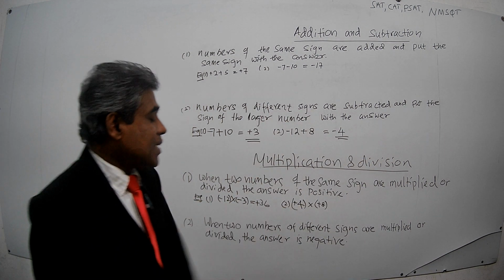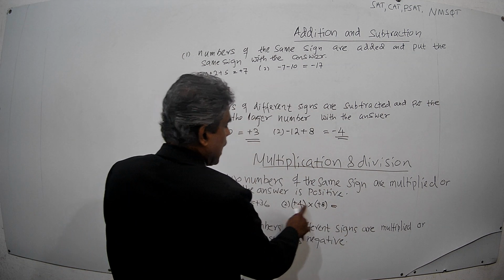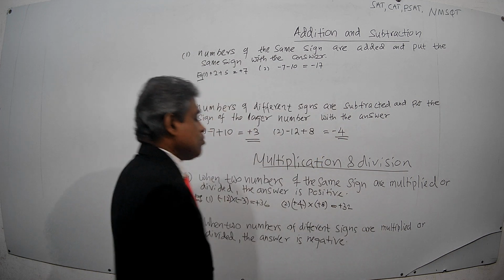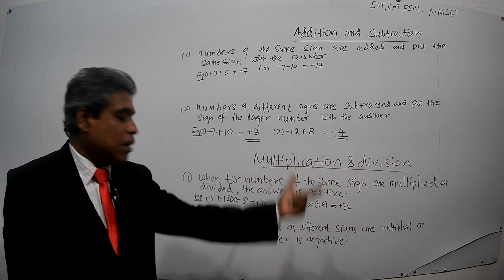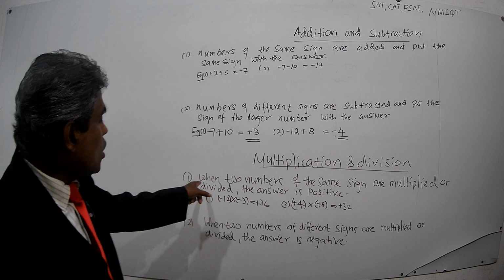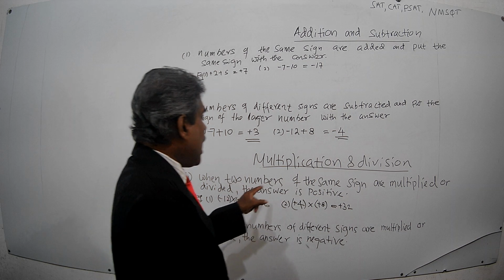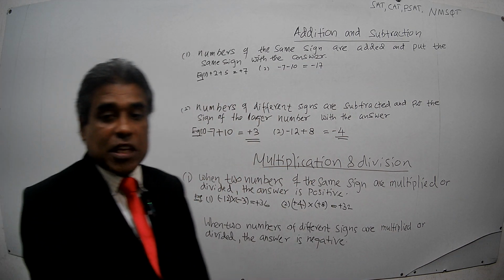Two numbers of the same sign are multiplied and the answer is positive. 4 times 8 is 32. According to the rule, when two numbers of the same sign are multiplied or divided, the answer is positive. Okay, that is the multiplication.